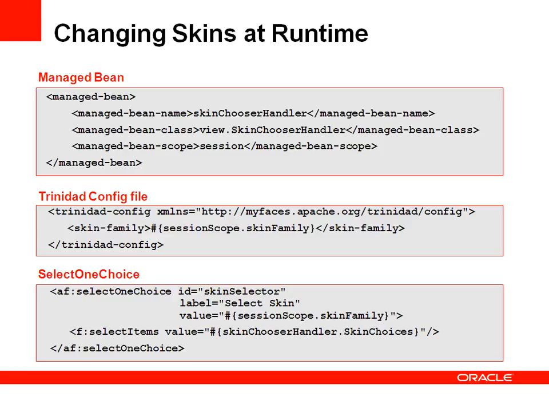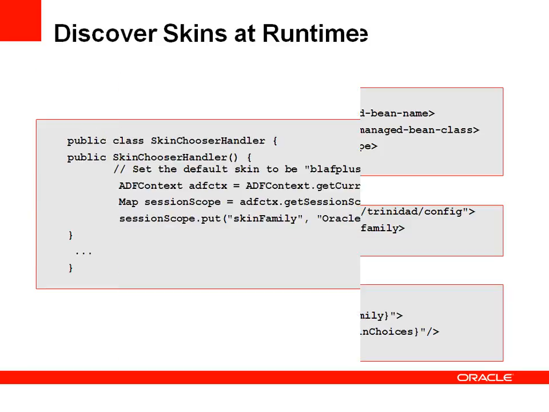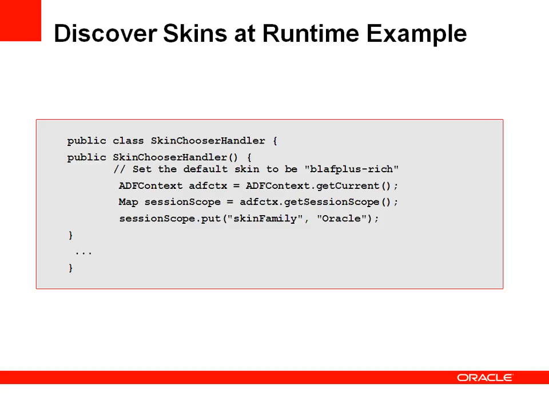And what the managed bean is then doing is looking at my ADF Faces component framework, trying to identify all the skins that are available. So you see it's accessing the ADF context, then it's getting the session scope from there, and in the managed bean, when it loads in the constructor, it first of all puts a default skin name in there.